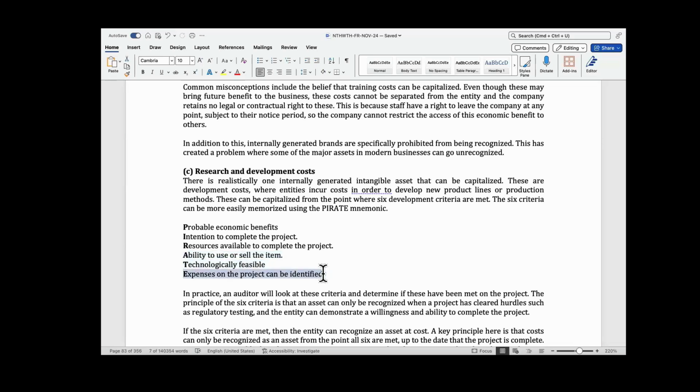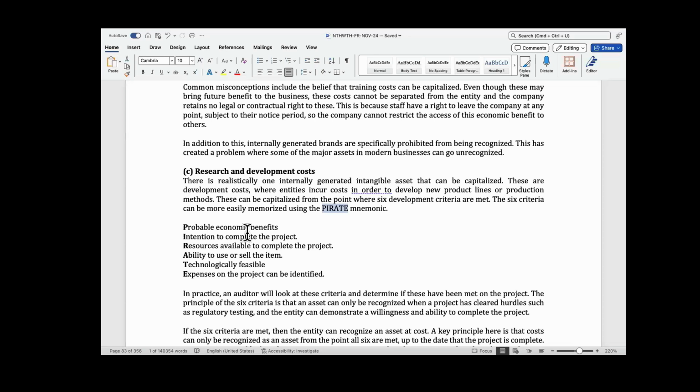So ICAN would usually ask you to list or state the criteria for capitalization of a development cost. So this PIRATE criteria will work for you in the exam. It's common practice that people call any cost that does not meet these criteria research cost.